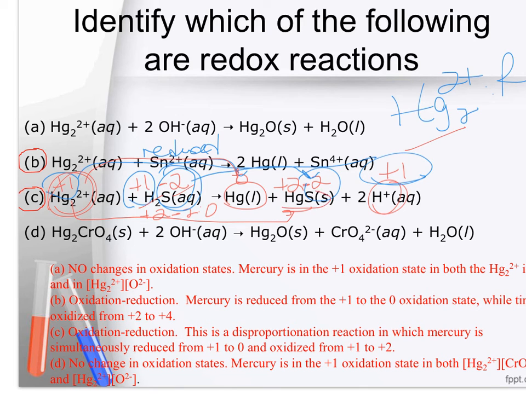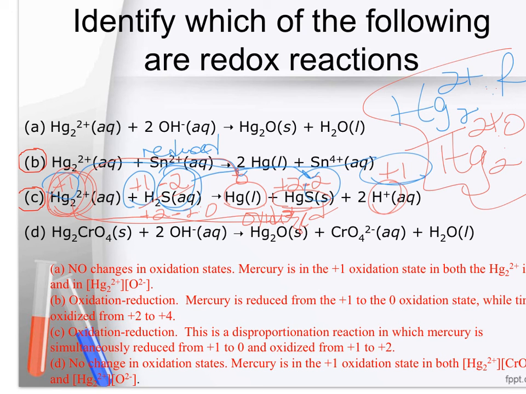Because if you look at mercury(II) sulfide, the mercury has gone from a +1 to a +2. So when mercury formed mercury sulfide, it was oxidized. So the very same substance has been both reduced and oxidized. That's called disproportionation. You don't need to know that name, but you do need to be able to recognize that that's possible.